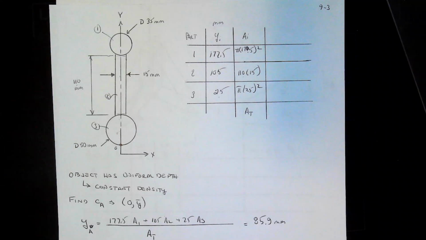So you would have 177.5 A1 plus 105 times A2 plus 25 times A3, and this would be over the total, A1 plus A2 plus A3. If you get your calculator out, you'll come up with 85.9 millimeters.